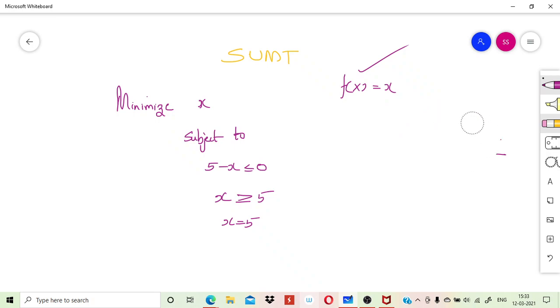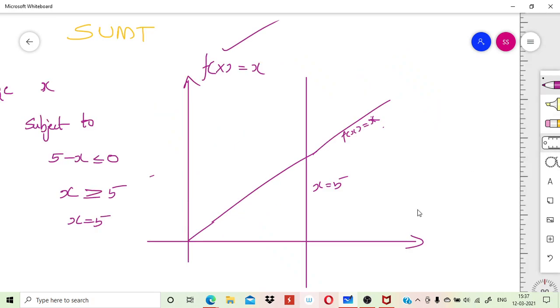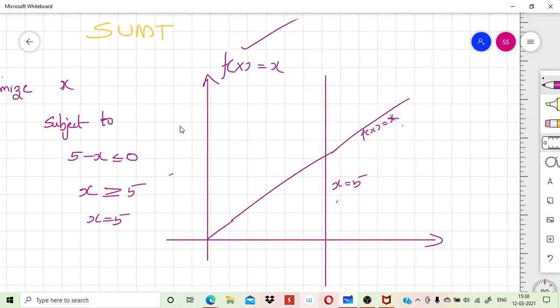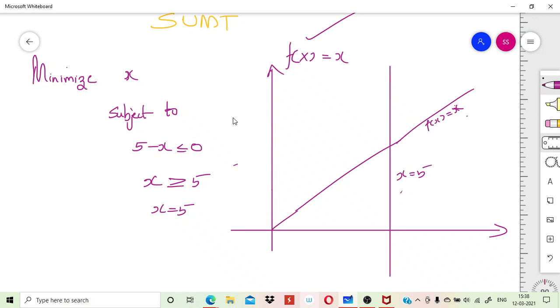So in this case also, if you consider any pair of points on the graph x equal to 5, and you join the 2 points, then you will get a line segment that exactly coincides with our graph. So in that case, you can conclude that it is again a convex function, and you can conclude that this is a CPP, a convex programming problem.